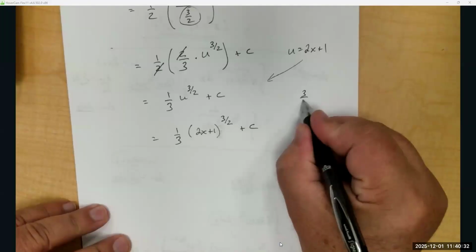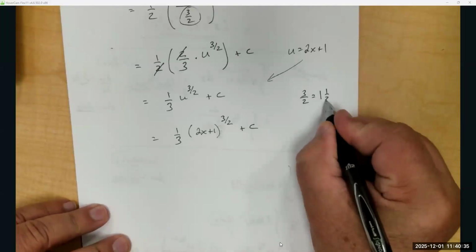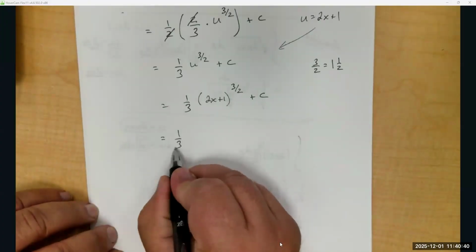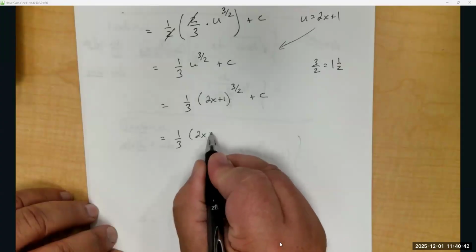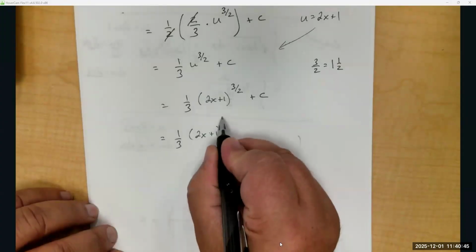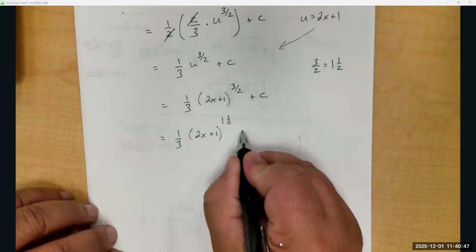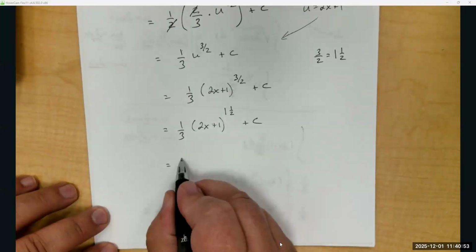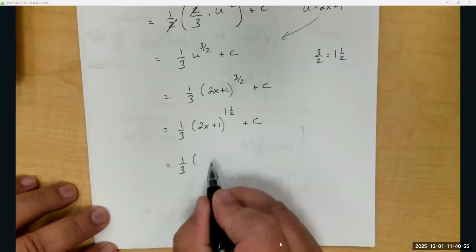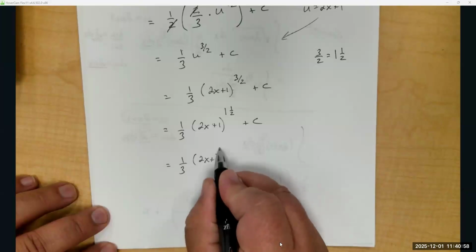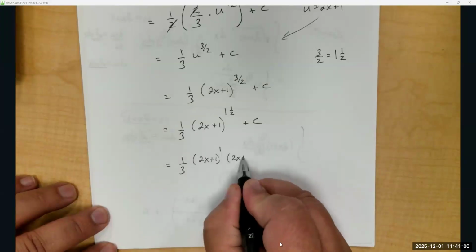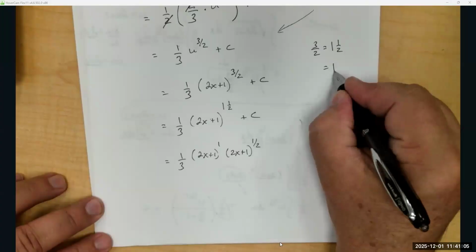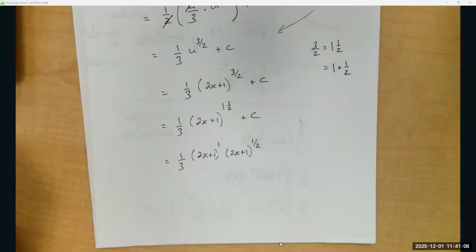So 3/2 is the same thing as 1 plus 1/2. So what that says, it's 1/3 times (2x plus 1) to the power 1/2, because this is the same thing as 1 plus 1/2.